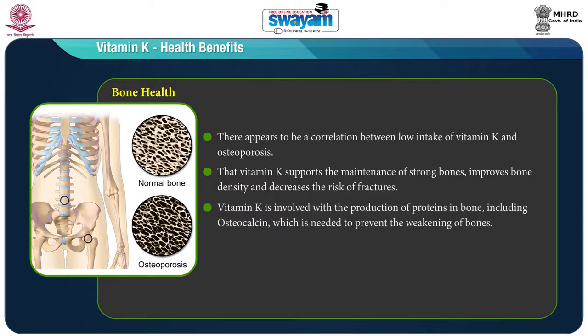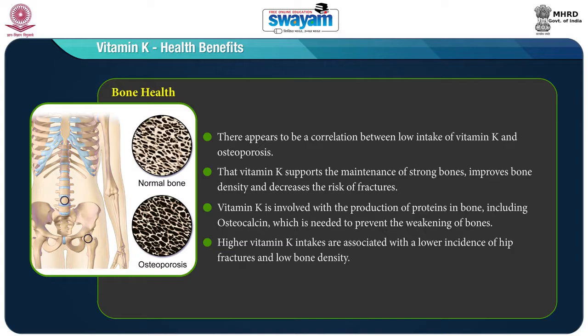Vitamin K is involved with the production of proteins in bone, including osteocalcin, which is needed to prevent the weakening of bones. Some studies have shown that higher vitamin K intakes are associated with a lower incidence of hip fractures and low bone density.